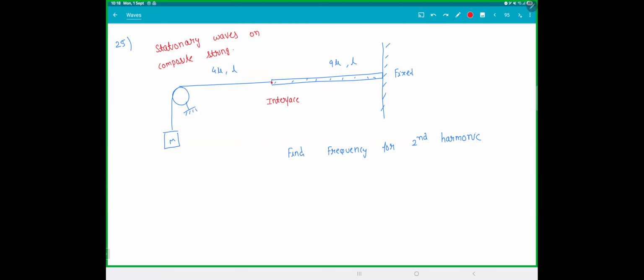So on a composite string, if you want to generate a stationary wave, you have to make sure that the interface is a node, because every time the interface moves, you'll get transmitted and reflected waves. The whole thing is going to get messed up. Clear with this? That is the only catch in this problem. So you will argue this is a node, and then this becomes one string and this becomes one string. You can do the formula for two different strings. So for stationary waves on a composite string, the interface has to be a node.